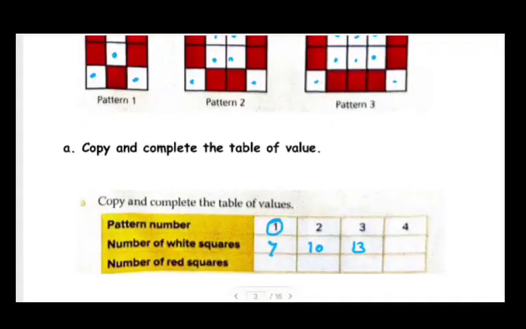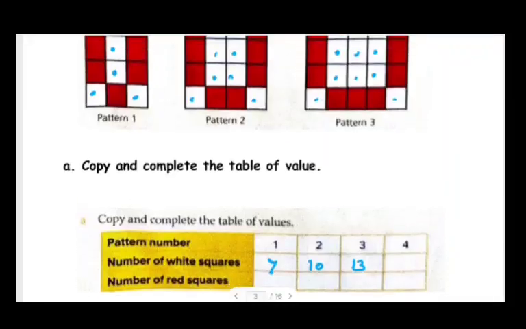So, if I go as per term-to-term rule, my next answer should be 16. However, I will not write the answer because right now we are doing sums on position-to-term rule, or we are doing nth term. So, we will find out the value of the fourth position using the nth term.